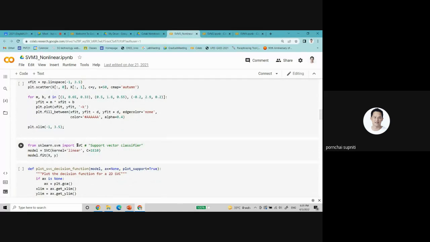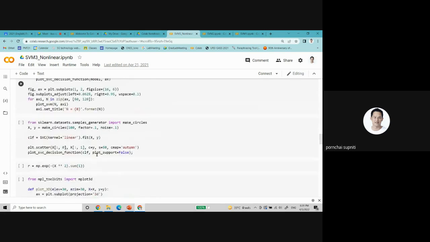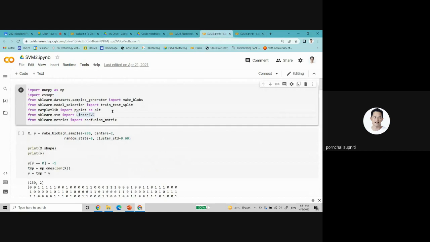Or we can just import the SVC library also. Here, if you use import SVC, you can set the model as linear or non-linear, depending on what you want. Okay. So let's take a look at this first. And for this one, similar to last time, is the confusion matrix.